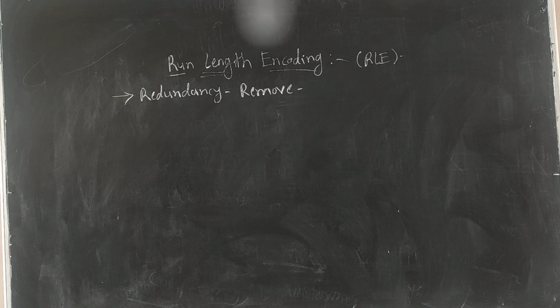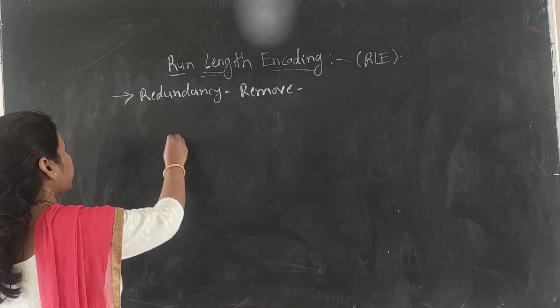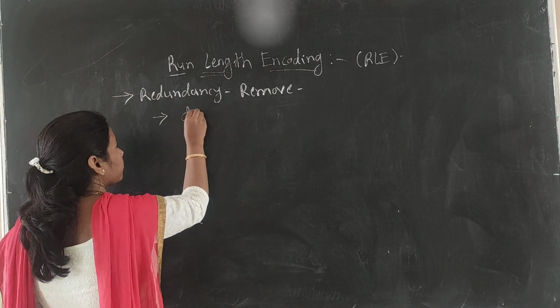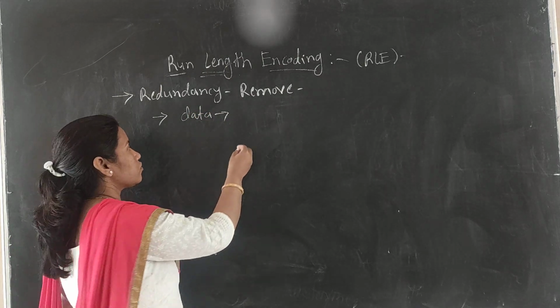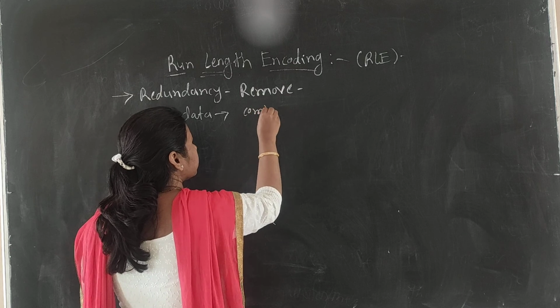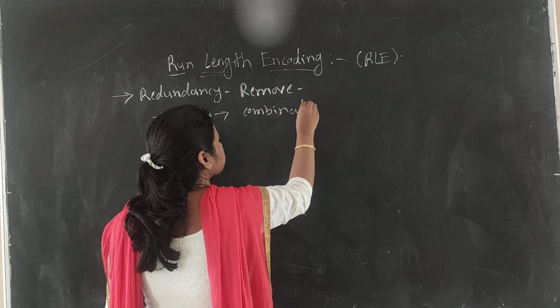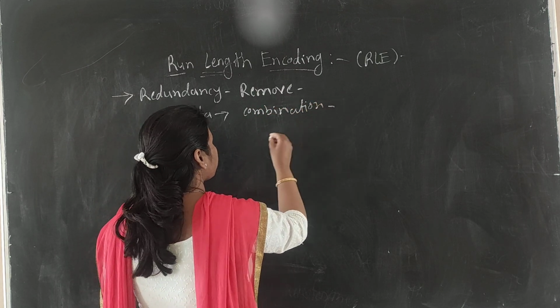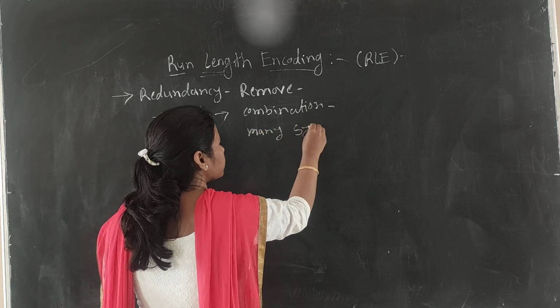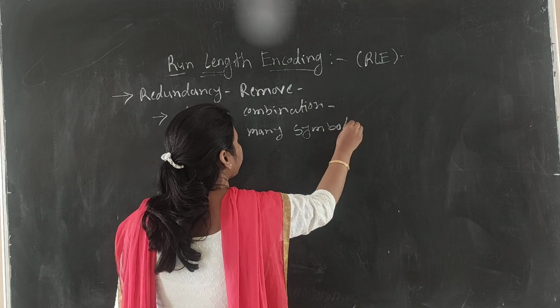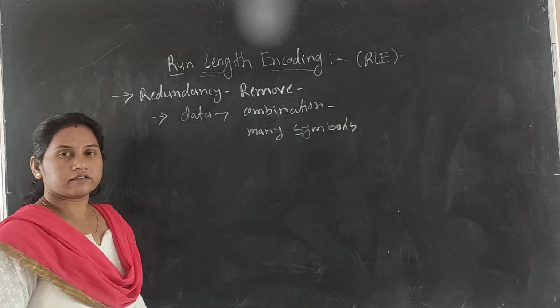For example, data made of any combination of symbols can be compressed using RLE. When we have data or a message which is a combination of many symbols, at that time we use this method to find the run length encoding.